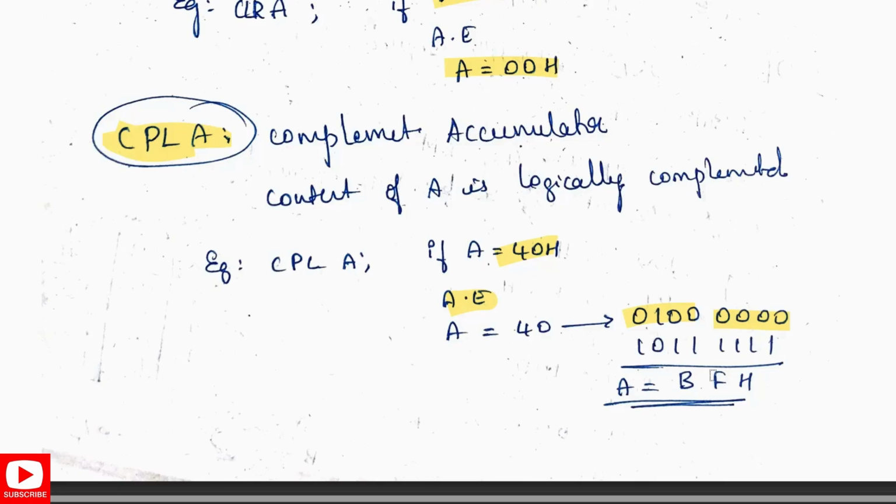Now this value is B, that is 8 plus 2 plus 1: 8 plus 2 is 10, plus 1 is 11, which is B. And then this is 8 plus 4 is 12, 12 plus 2 is 14, 14 plus 1 is 15, that is F.